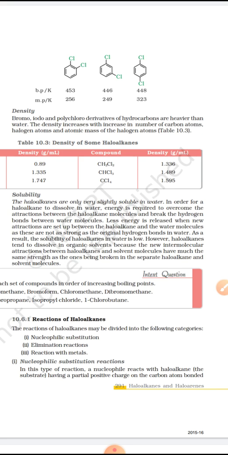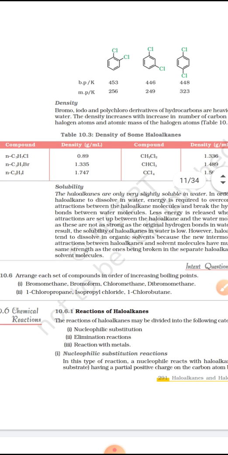So there's an in-text question. We can discuss this here also. Arrange each set of compounds in the order of increasing boiling point. Now, as I have already told you, with the increase in branching, boiling point decreases.